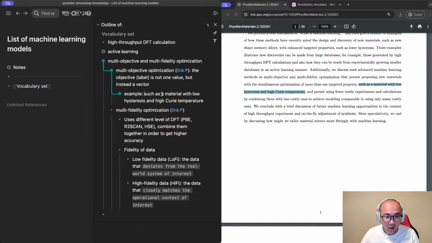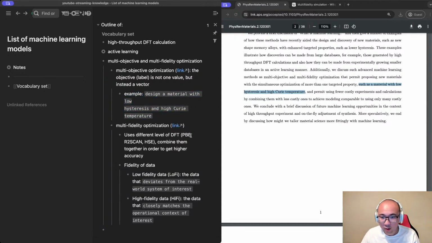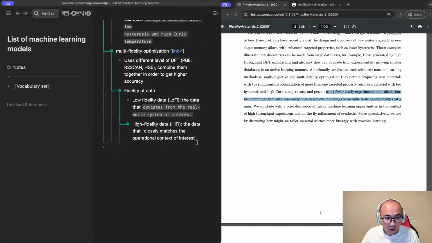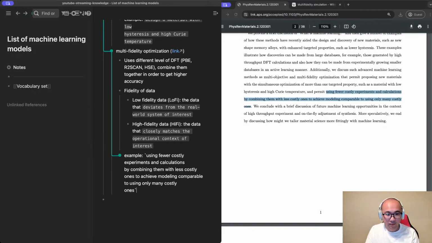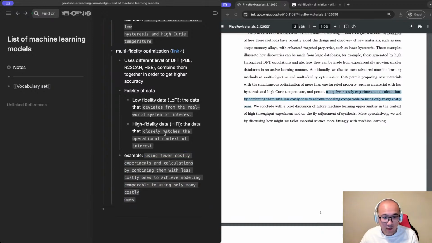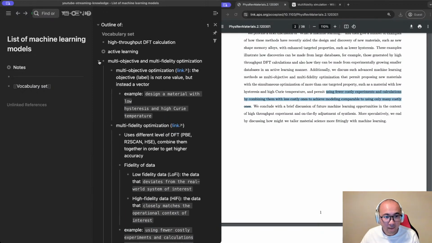Example, design of materials and this one. Using field cost experiments.